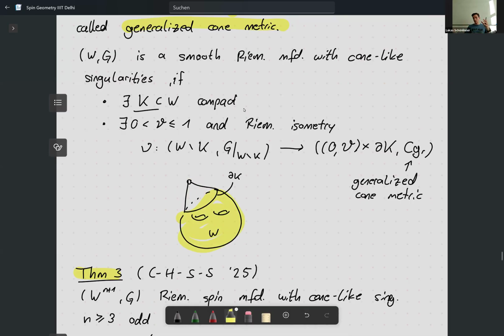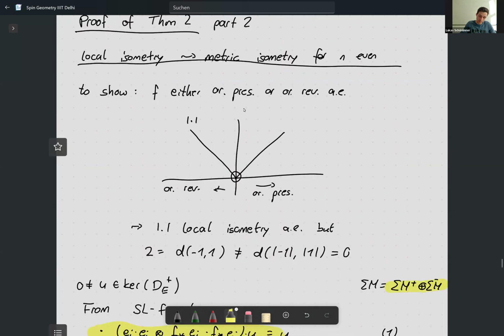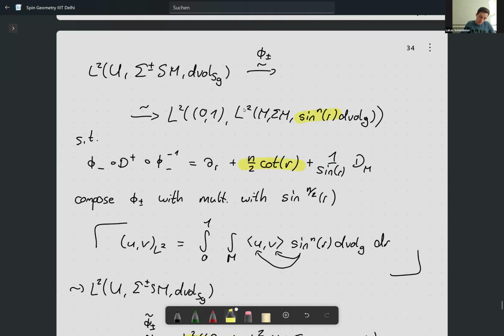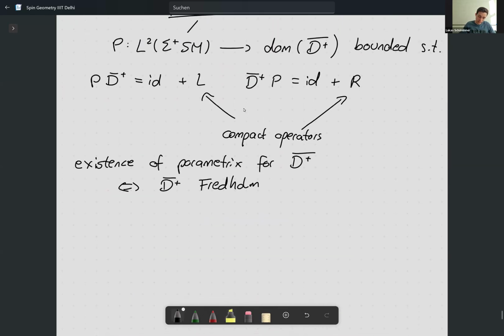So we automatically have a parametrix there. And then we glue the two parametrices together to get a parametrix on the whole space. So that's how we get that the operator is actually Fredholm.